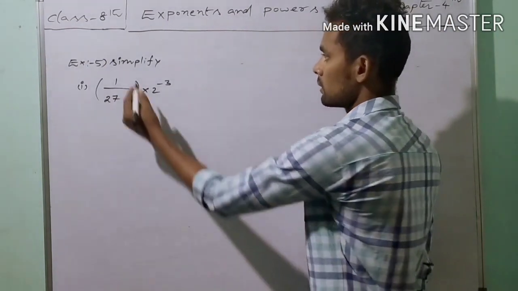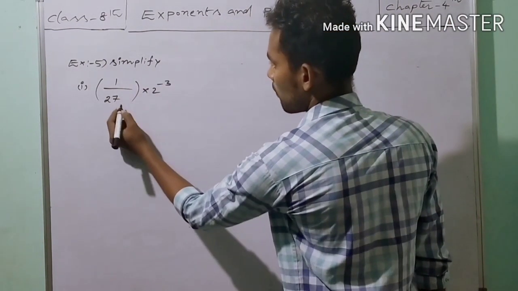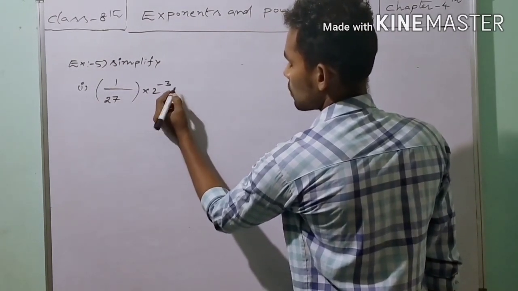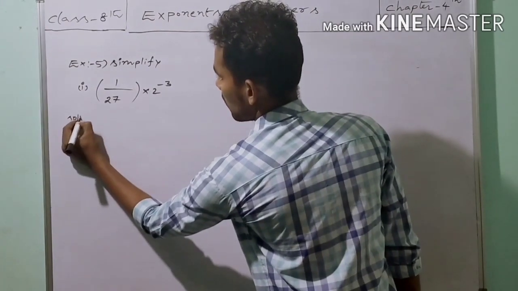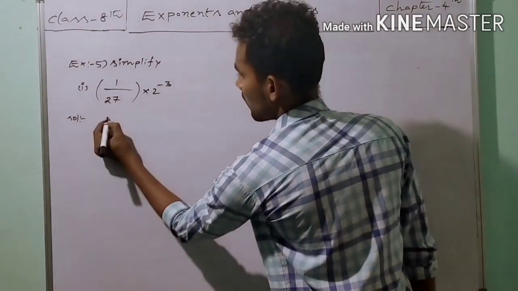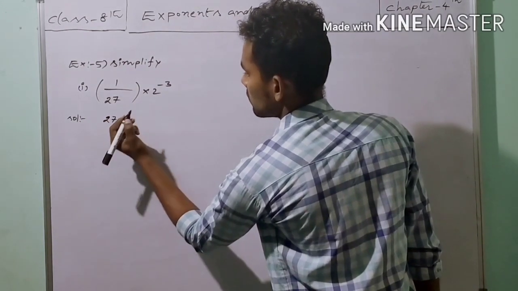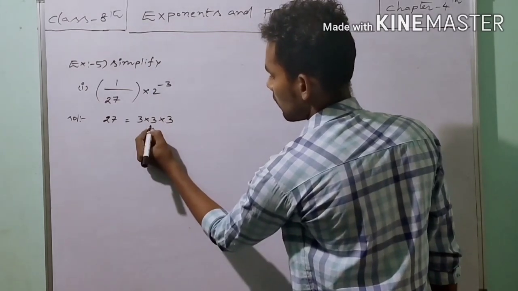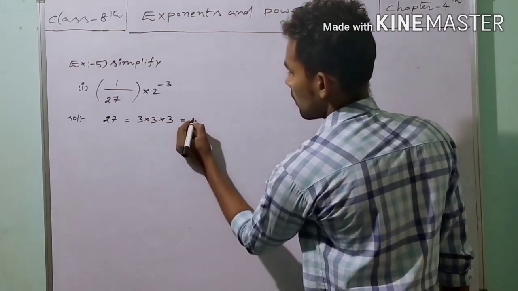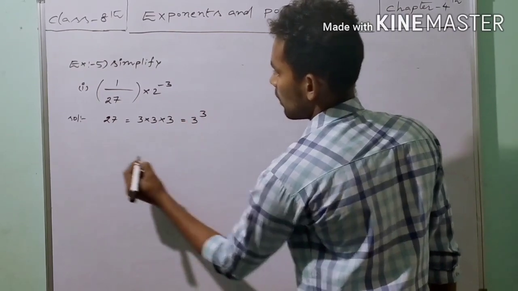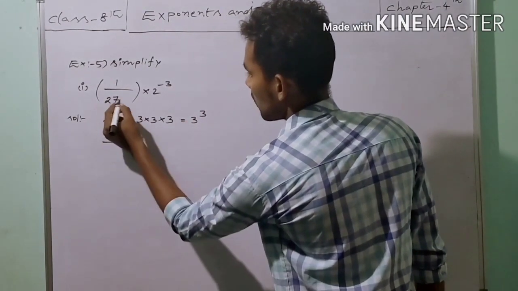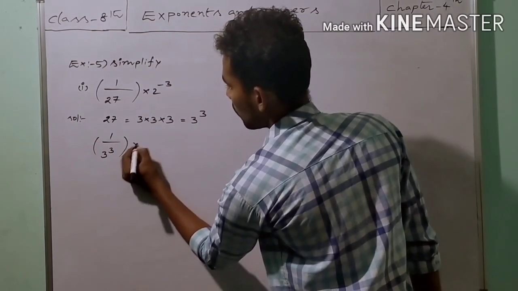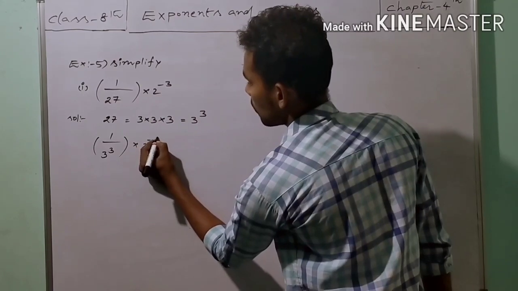Example 5. Simplify. First question, 1 by 27 into 2 power of minus cube. Solution, 27 can be written as 3 into 3 into 3; 3 3s are 9, 9 3s are 27, equals 3 cube. 1 by 27 can be written as 1 by 3 cube into 2 power of minus cube.